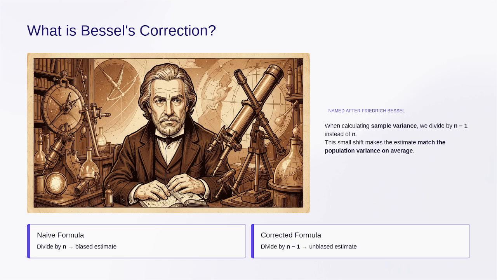It makes the spread look smaller. By dividing by n minus 1, it stretches a little and corrects the bias. Think of it like this. If your shirt shrinks after a wash, you stretch it back. Bessel's correction does the same thing for variance.